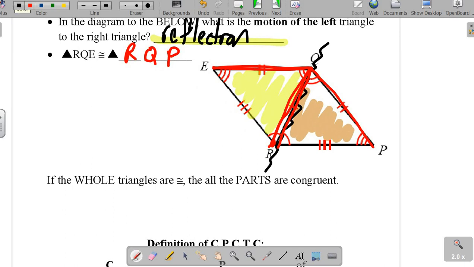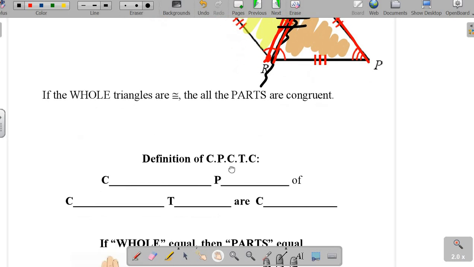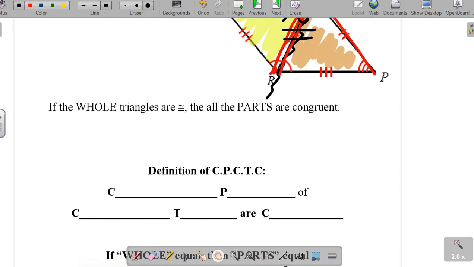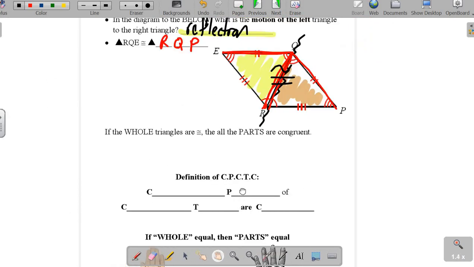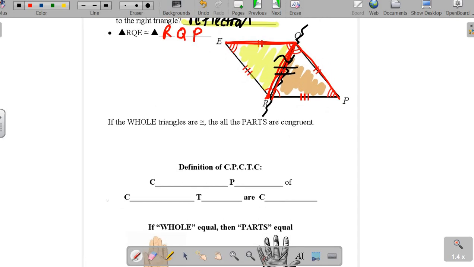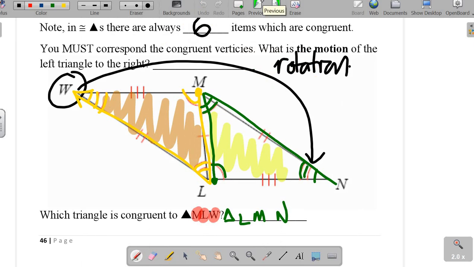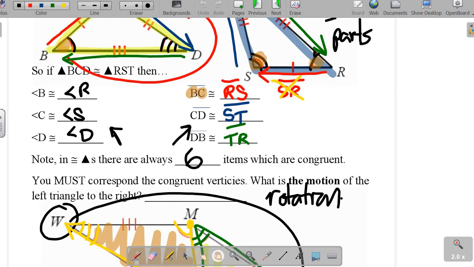Now, when we are told that triangles are congruent, this is true. If you know that the whole triangle is congruent, then all the individual parts are congruent, which is referring to this list: the 3 sets of angles and the 3 sets of sides.